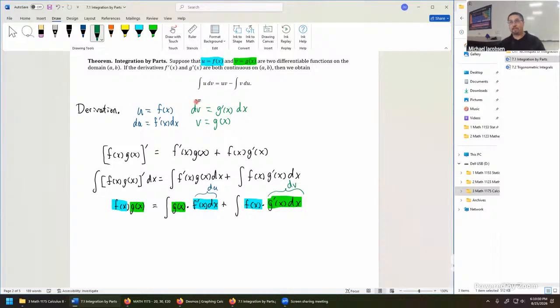So differentials are kind of weird. They enter in all over the place, calculus 1 through 3, vector calculus. And this is one of the weird uses of them in stating an integration by parts formula. So now let's rewrite all this. F of x is u. G of x is v, so here's uv.